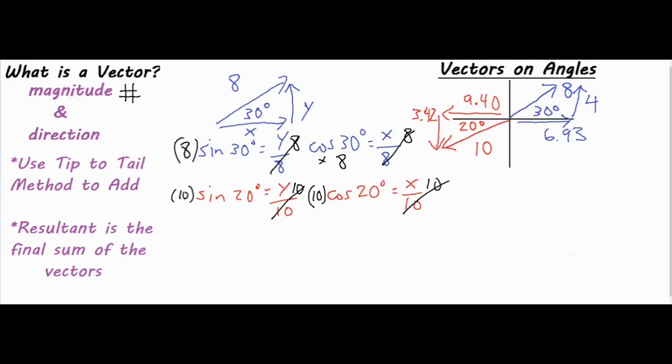Okay, so what we're going to do is we're going to make both of these into a single right triangle. So we used some skills before to do the tip to tail method, and we're going to do the tip to tail method 3 different times. What you have to do is analyze the x component, which is the horizontal component.